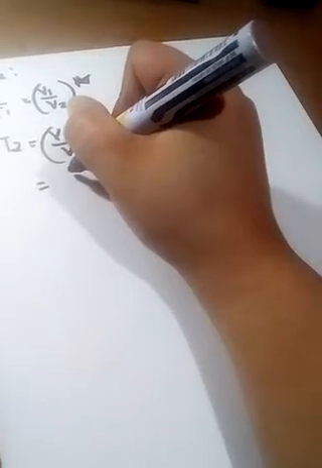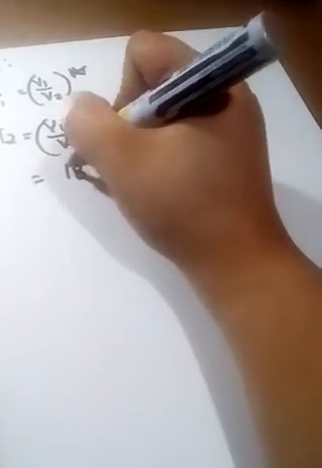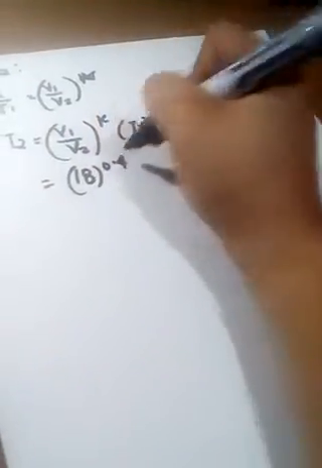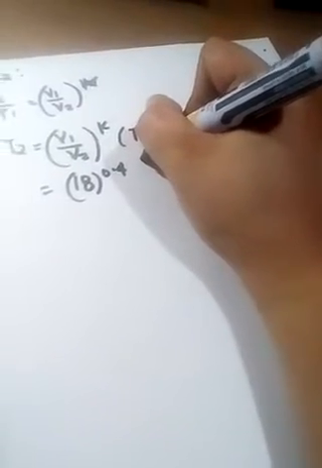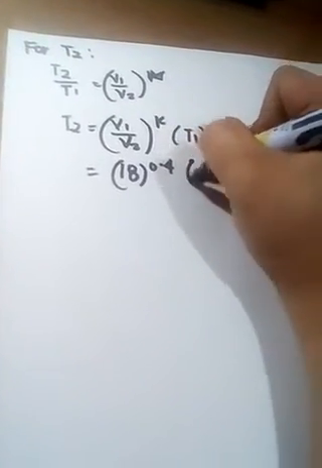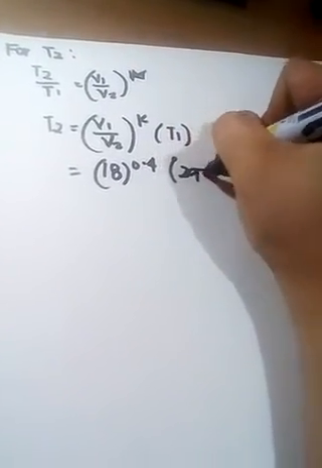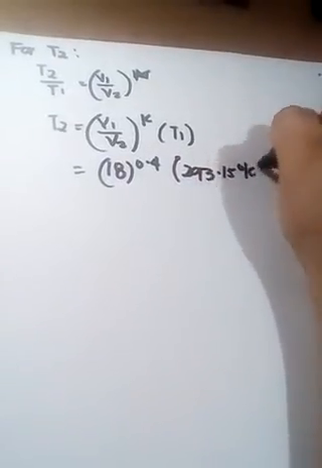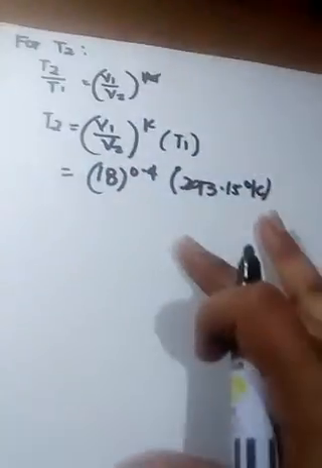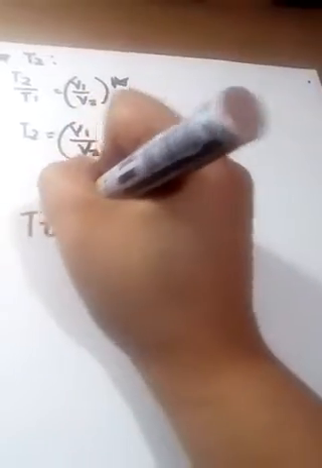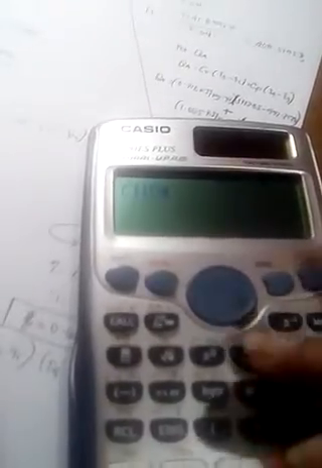Therefore, V1 over V2 is 18 raised to 0.4 times the initial temperature, 293.15 degrees Kelvin. Therefore, T2 is equal to 18 raised to 0.4 times 293.15.